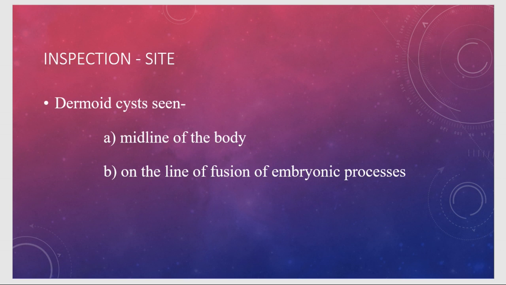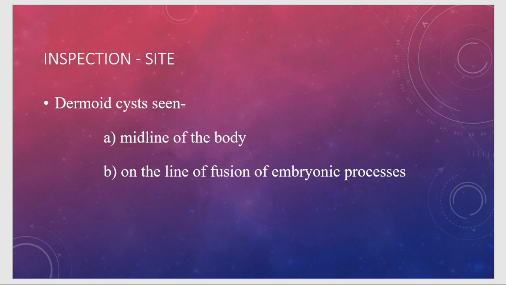If a swelling is there, always suspect a dermoid cyst, and this can be seen just by observing on inspection, or sometimes on the line of fusion of various embryonic processes involved during embryogenesis. So on the line of fusion or in the midline.